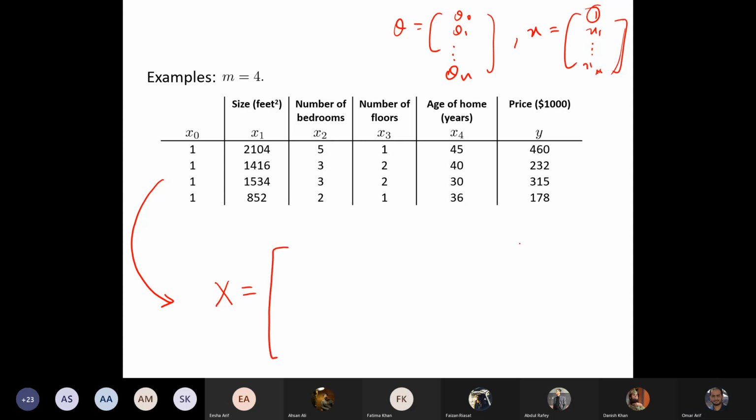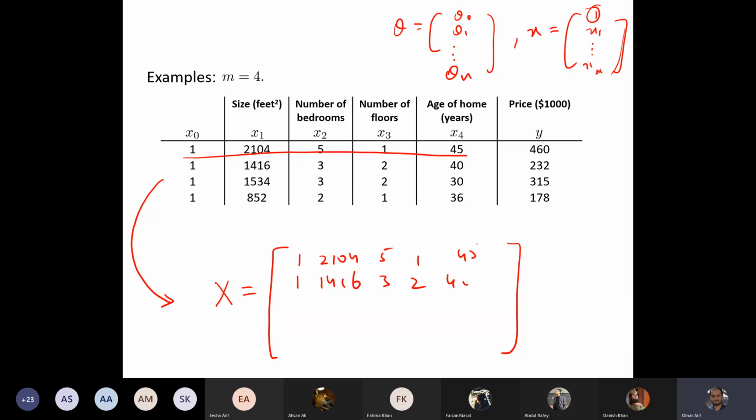So let's create a big matrix. The first row would be this one: 1, 2104, 5, 1, 45. Similarly, the second row 1, 1416, 3, 2, 40, then the third row and fourth row.